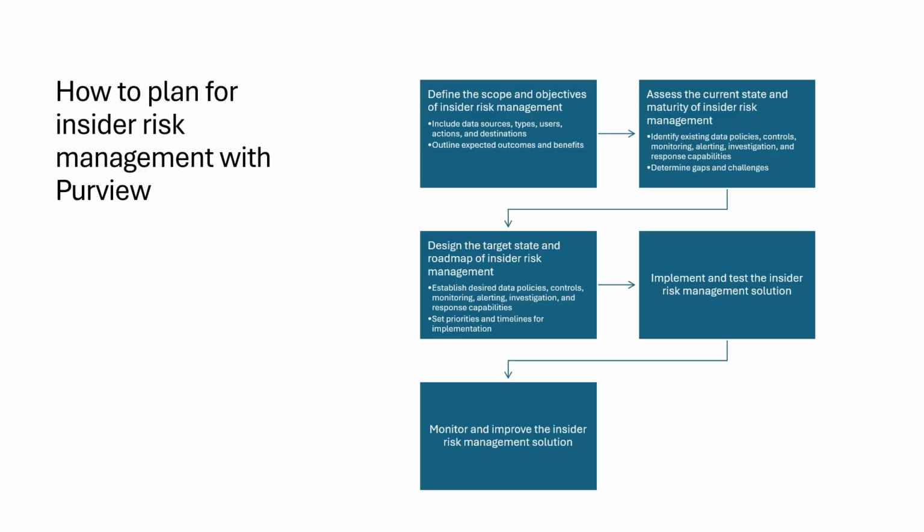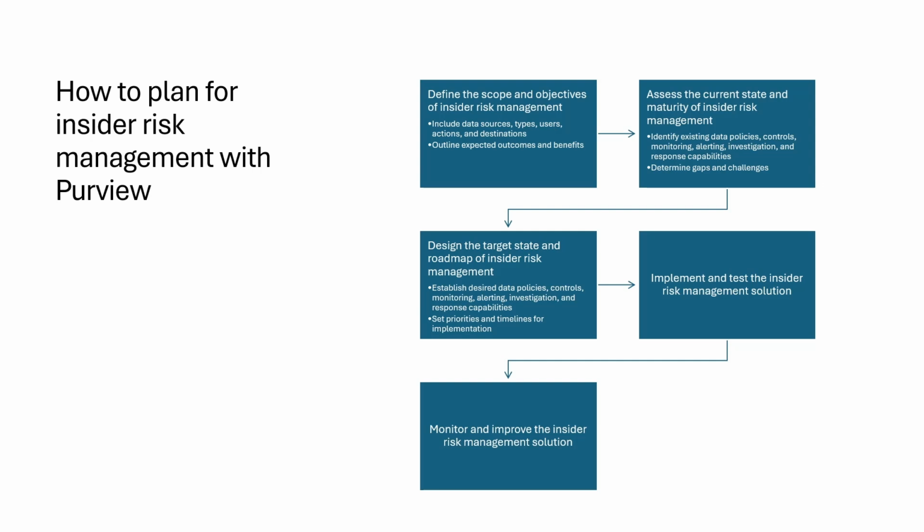So we will see next how to plan for insider risk management with Microsoft Purview. Now, how we will be doing this is, of course, we'll be taking a number of steps that we can see here highlighted in the boxes. For example, we want to define the scope and the objectives of the insider risk management.